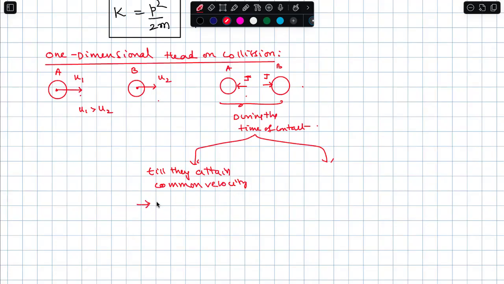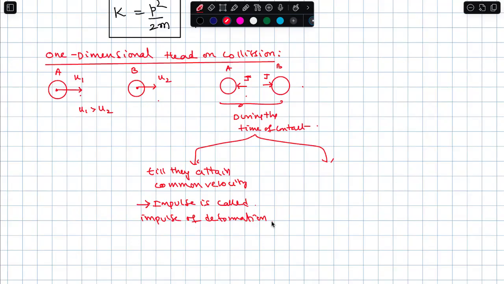Till that stage, that impulse is called impulse of deformation.